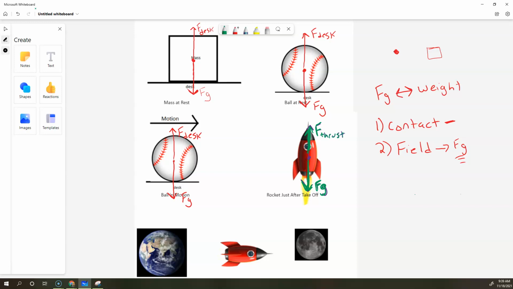However, if you are going to draw them to scale, or you're trying to use the arrows to help you visualize what's going on, this might be a scenario where you say, hey, wait a minute. I know there's some FG down, but I also know I'm overcoming that FG. So my thrust force must be bigger than my force due to gravity down.